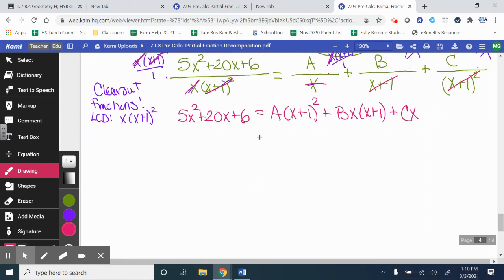All right, so here I have an x plus 1 quantity squared. Again, our goal on the right-hand side is really just to expand everything as much as possible. I'm going to write that out twice. Here I'm going to distribute in, so I get bx squared plus bx plus cx. I can FOIL out my x plus 1 quantity squared.